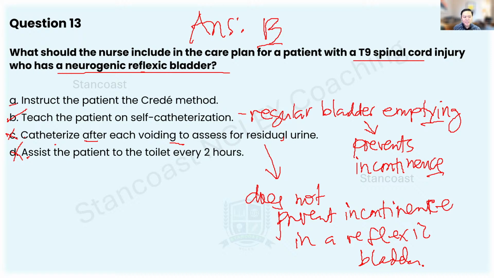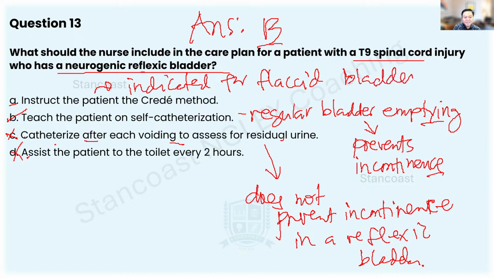A, instruct the patient on the Crede method. What do you think about the Crede method? This is only suitable for a flaccid bladder, not spastic neurogenic bladder. All right. Indicated for a flaccid bladder. We are talking about a bladder that is spastic, especially that we have this description, right, neurogenic reflexic bladder.